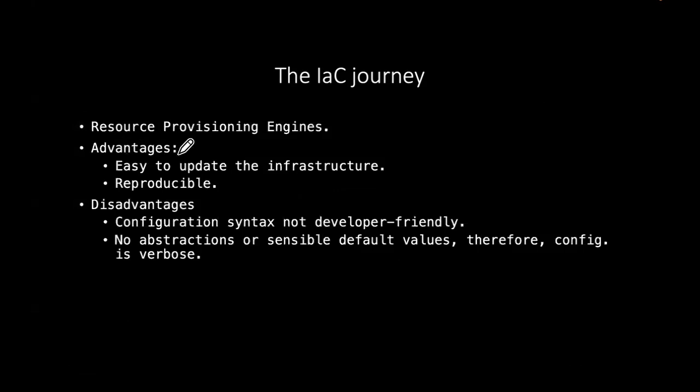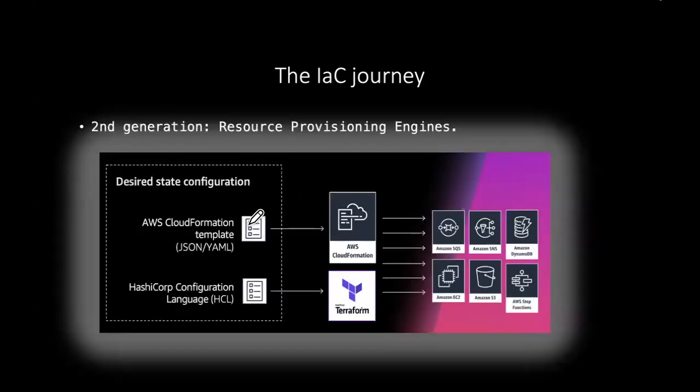So that was great. It was easy to update the state of your infrastructure. It was highly consistent and reliable because, again, if I go back, if I provide this template to the CloudFormation service in various regions within the AWS cloud, then I can be guaranteed that the CloudFormation service in each region will create the exact same infrastructure as every other region.